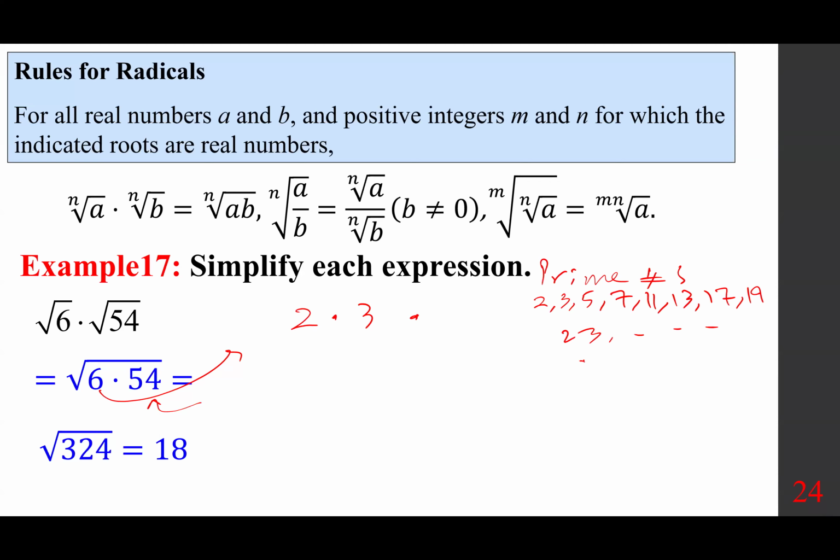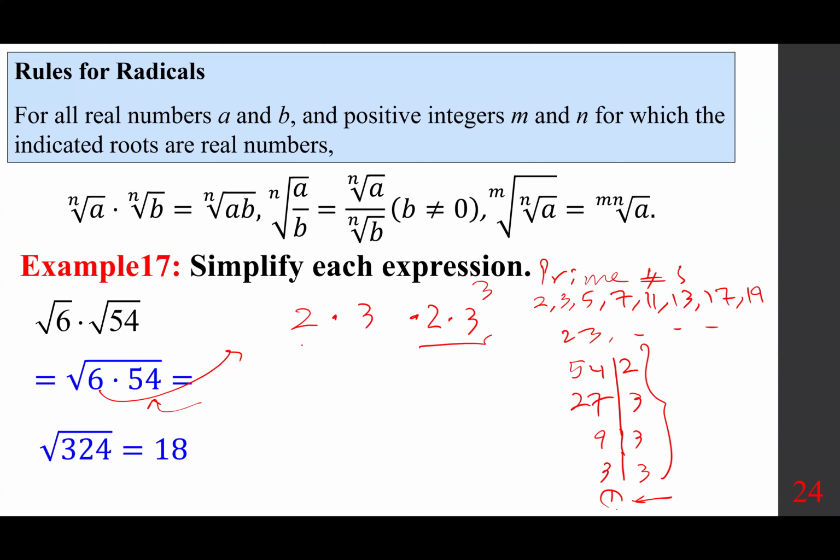So number 54, can you divide it by 2? Yes, you can. Then 27, can you divide by 2 anymore? No. 3, 9, 3, 3, 3, 1. When you hit 1, you're done. So this one is 2 times 3, and there are 3 of them, cubed.